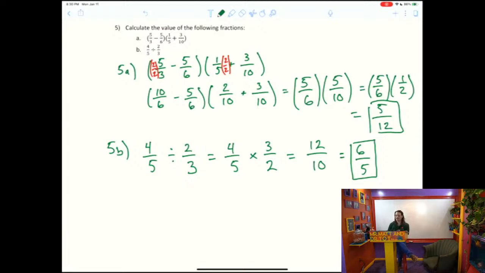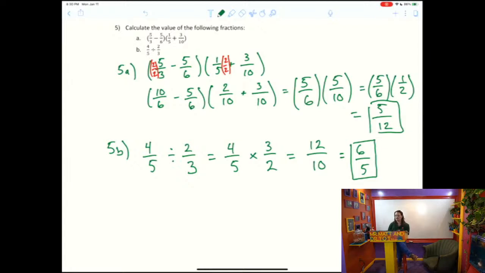That second fraction of 1/5, I need common denominators between 1/5 and 3/10. So again, I can get common denominators by only changing one of the fractions because 5 is a factor of 10, or in other words, 10 is a multiple of 5. So I just need to manipulate that fraction of 1/5 to have a denominator of 10. I can do that by multiplying by 2 over 2.